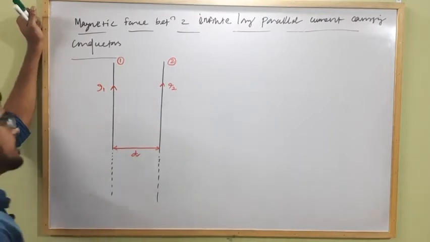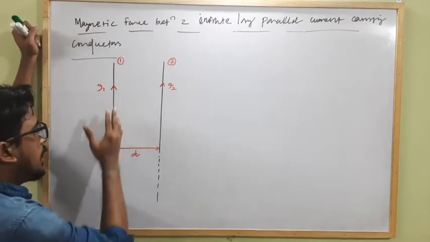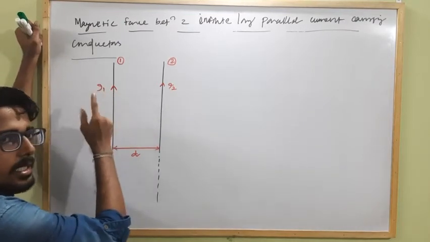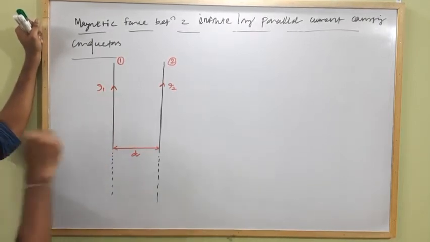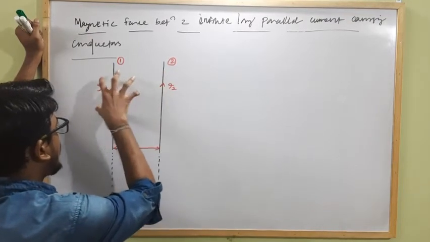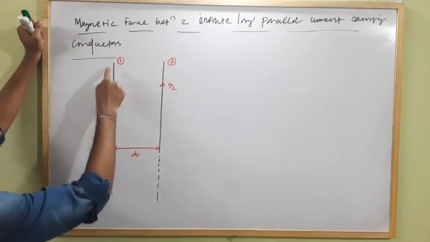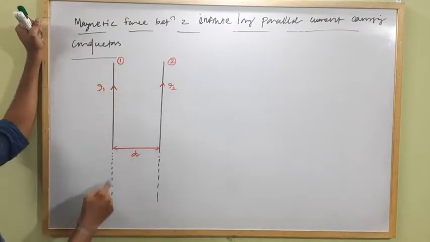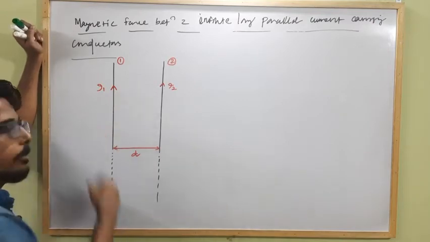We already studied that if a current carrying conductor has current flowing through it, then it is able to produce a magnetic field surrounding it. That means if we forget about this conductor and just concentrate on current carrying conductor 1, in this conductor 1, current I1 is flowing in the upward direction, so it is able to produce a magnetic field.